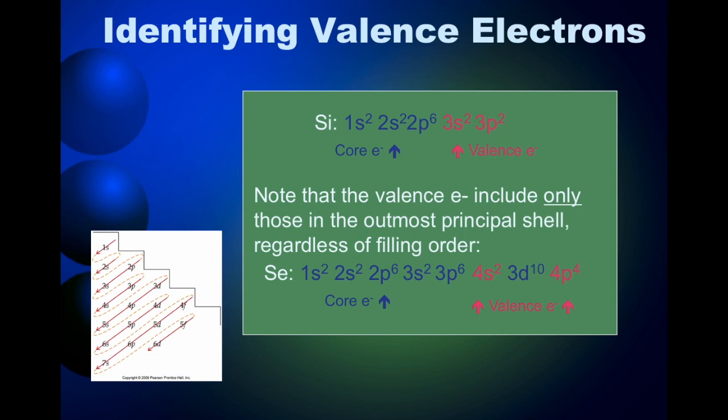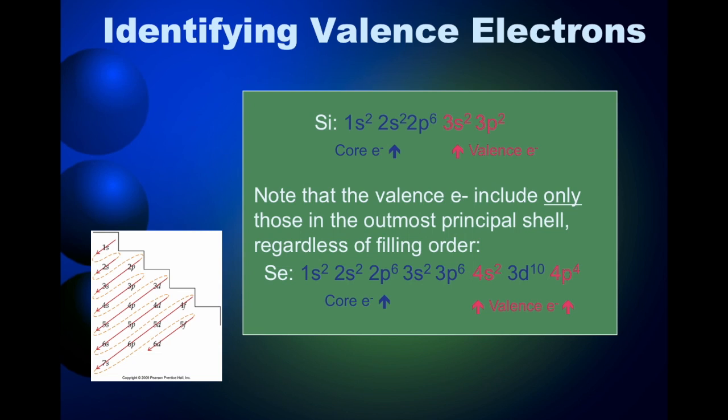So the valence electrons are the electrons in the 4th shell, even though the 4s2 fills first and has slightly lower energy than 3d10, it is still considered a valence shell. So you just look at the principal number.